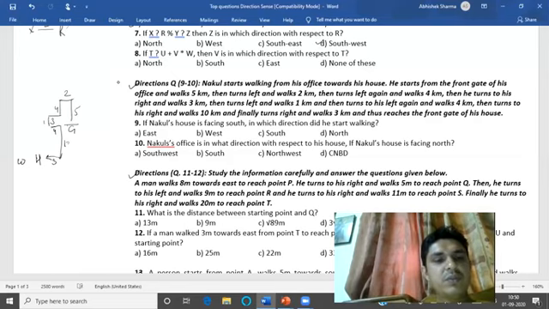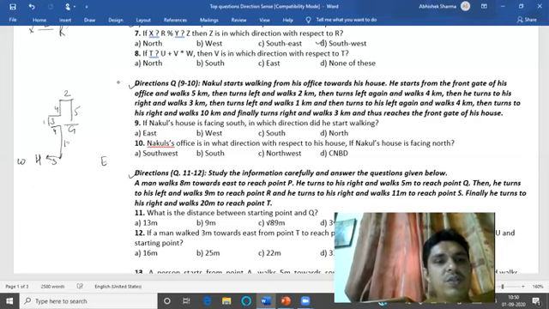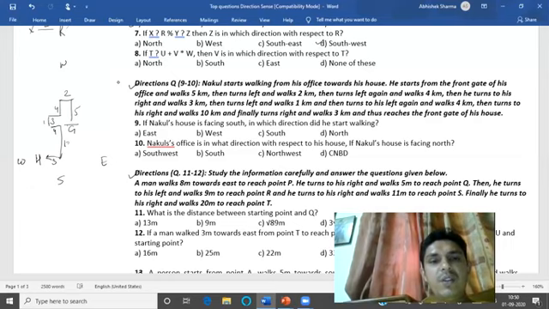East, west, north, and south are the proper directions. If Nakul's house is facing towards south, all this will be arranged accordingly. Okay, so the answer will be east, right?